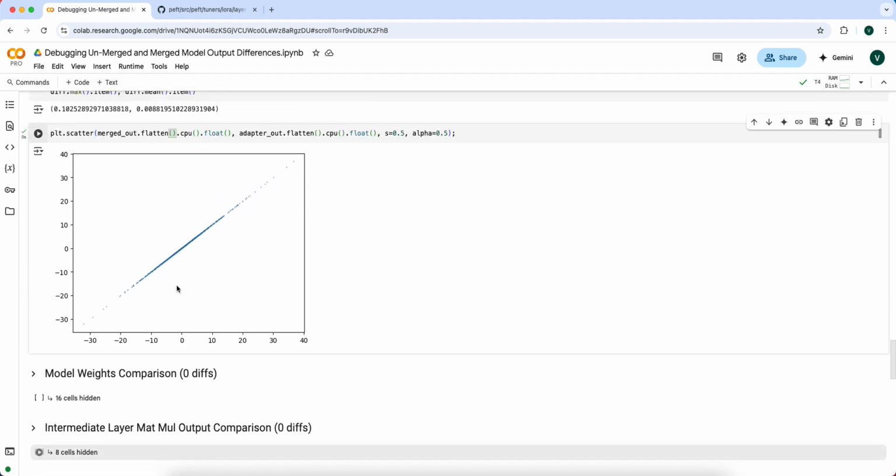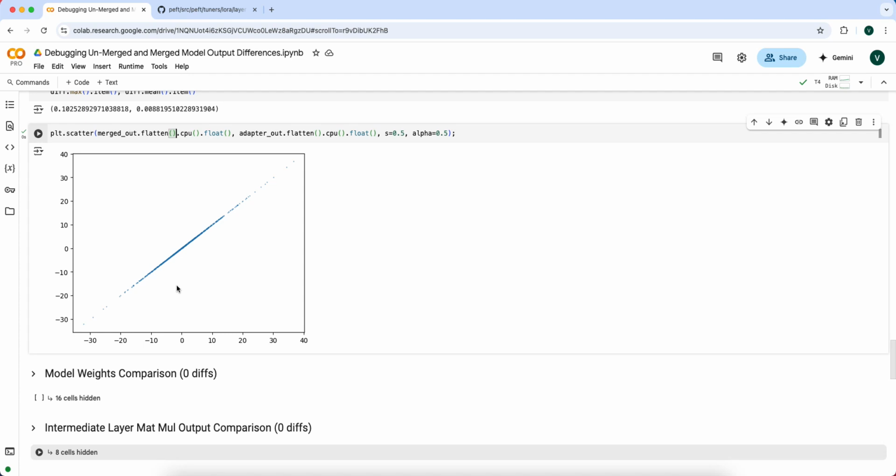Okay, so that sets up the problem, and it kind of gives us our first glimpse into what the issue could be. But along the way, some of the other things I was trying was to figure out if this was an issue with the weight matrices themselves. Was something happening during the conversion, during merge?